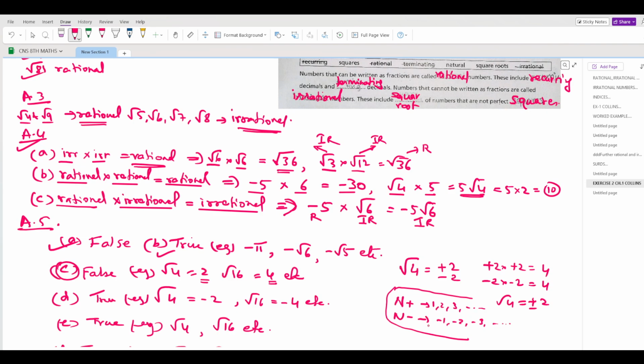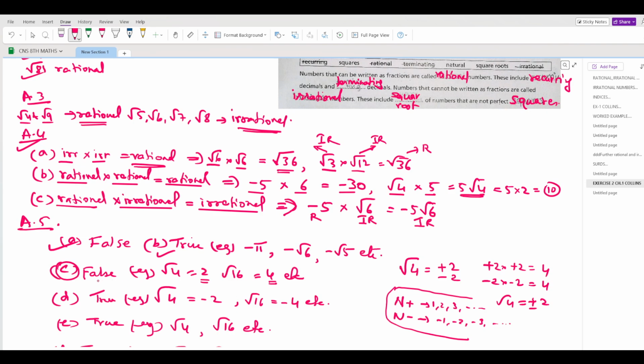I don't think you will be considering minus 1, minus 2, minus 3 as natural numbers. But when you go to higher classes, 1, 2, 3, 4 are treated as positive natural numbers, and minus 1, minus 2, minus 3 are treated as negative natural numbers. Whether positive or negative, they are still natural numbers. So that way, this particular statement can be true.